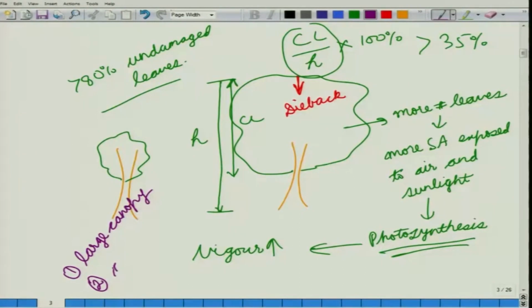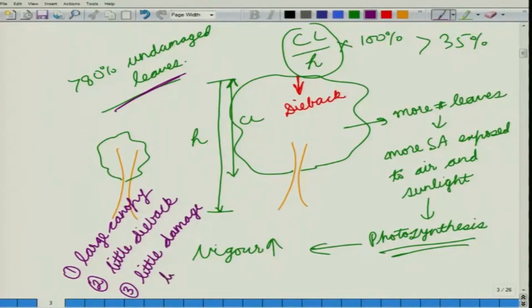So, there is little dieback, so this canopy is healthy, plus even the leaves that are there are healthy. So, we have little damage to leaves.